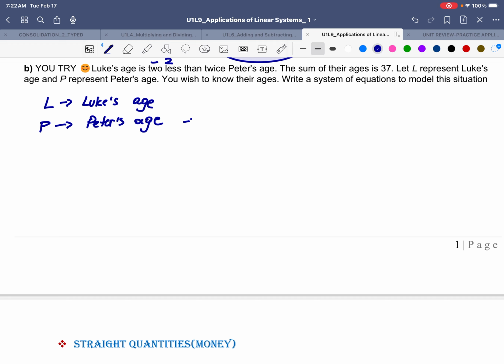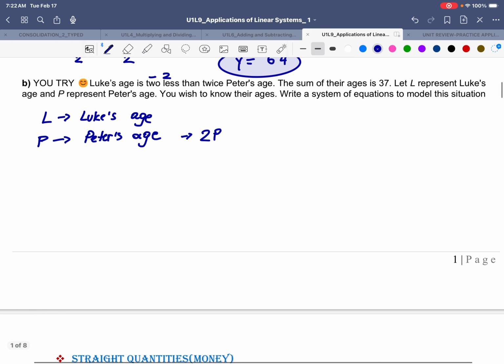Twice Peter's age will be 2P. When we say Luke's age is L, is means equals. So 2P minus 2.